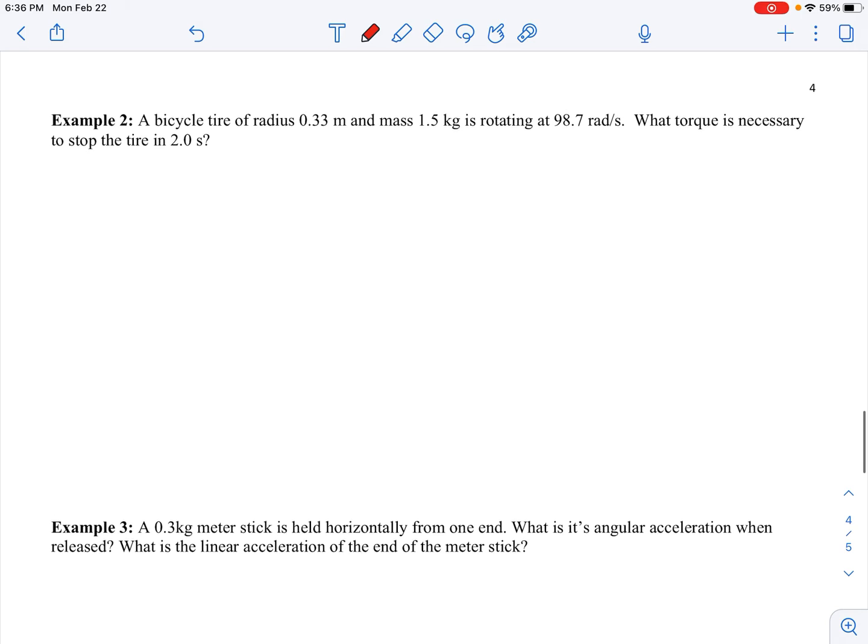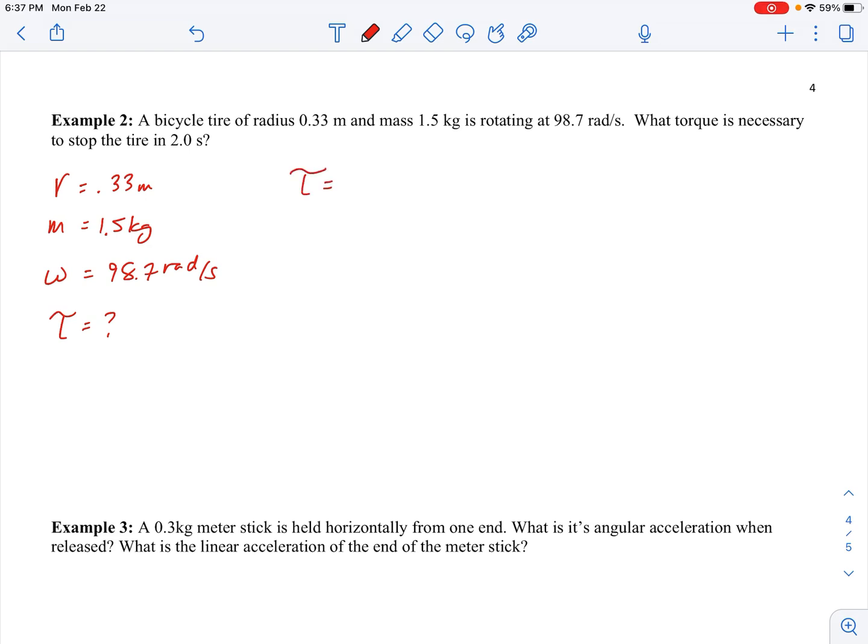All right. Let's try a couple more examples. A bicycle tire, radius 0.33 meters and mass 1.5 kilograms, is rotating at 98.7 radians per second. What torque is necessary to stop the tire in 2 seconds?